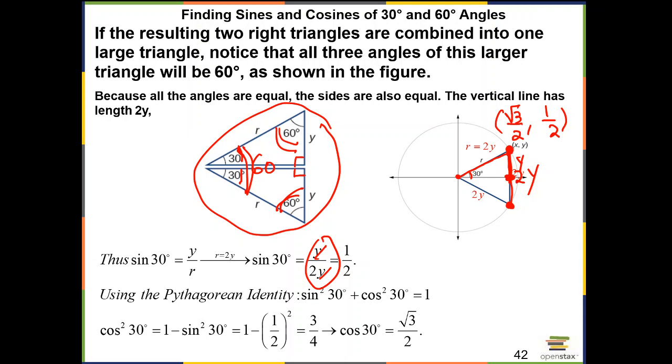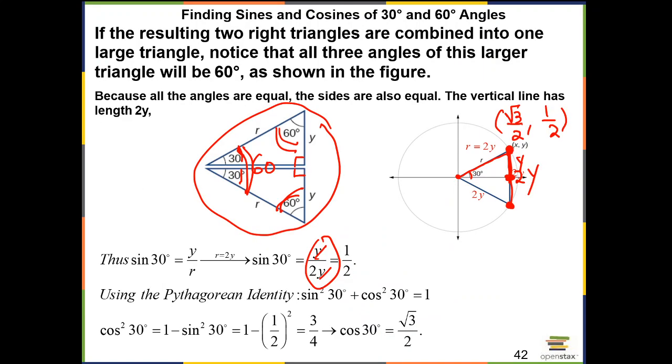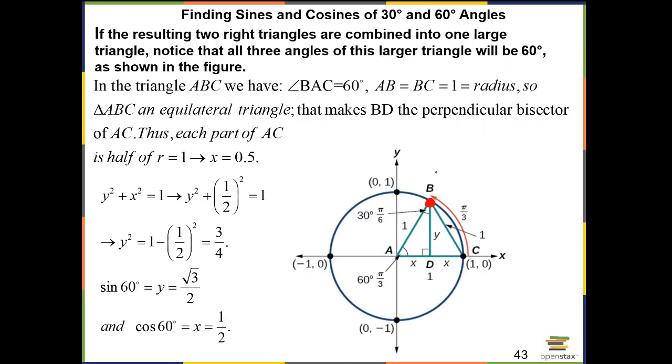All right, what about 60 degrees? Well, for 60 degrees, again, we can put the point here, use the unit circle again. And remember, in this one, we didn't use the unit circle. We assumed this is just r. And in this one, for 60 degrees, we assume it is a unit circle. And so if this is 60 here, right, then this is 30, right?